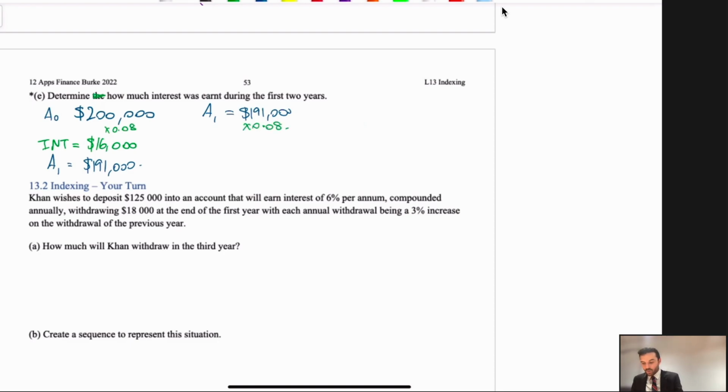So 191 times 0.08, and we get a total of $15,280, and then we can sum these together. So we can see it's $31,280 of interest earned. So there's one strategy there that you could use to help you figure out that problem.